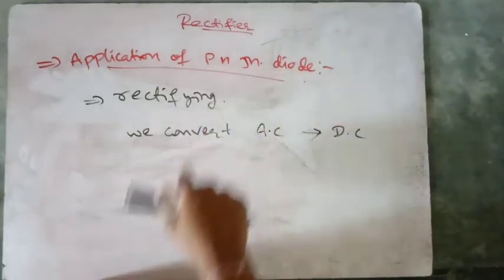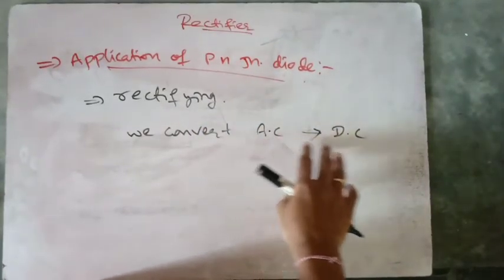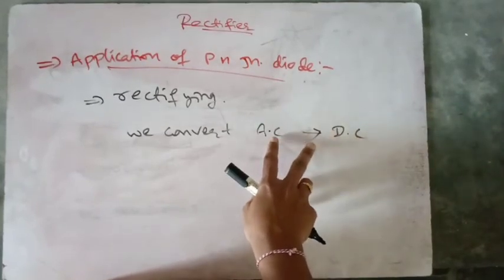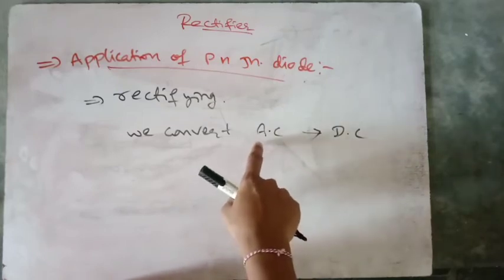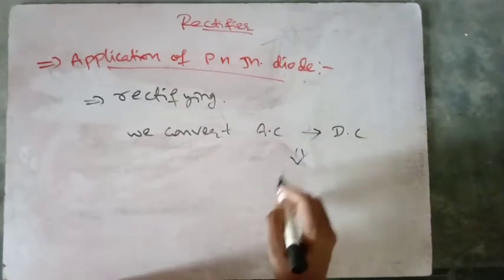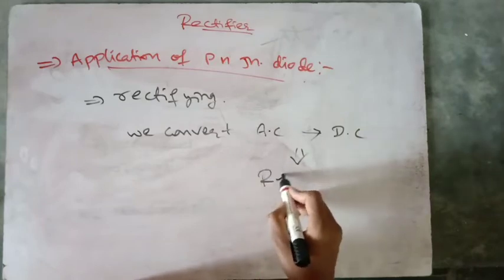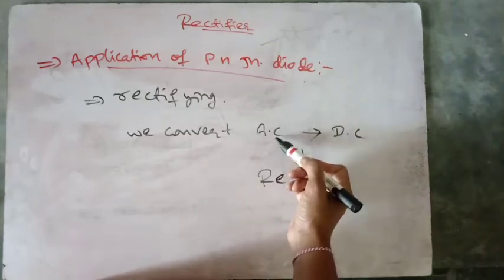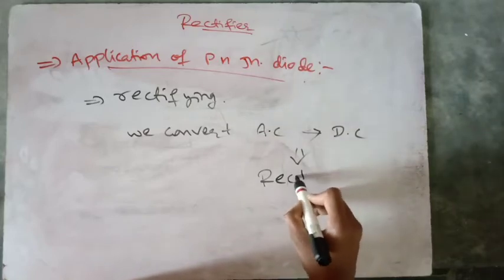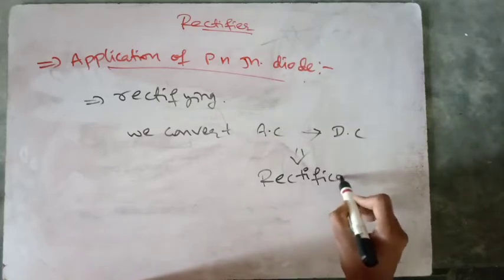Using this PN junction diode, we convert AC current to DC current. This is one of the applications, and the process of converting AC to DC current is known as rectification.